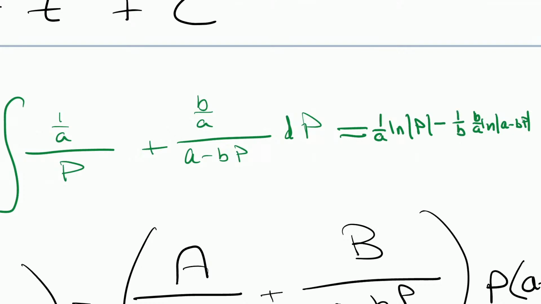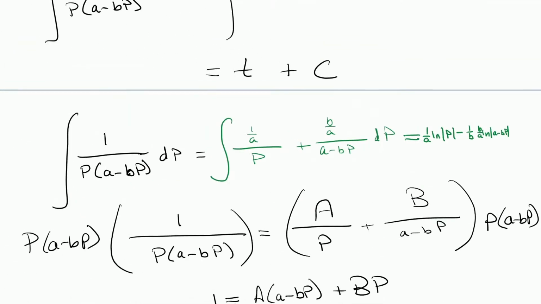So that's what it really looks like. And so this stuff, once I cancel those little b's, and let's zoom out, this whole thing ends up being 1 over a natural log of p, minus 1 over a natural log of a minus b times p.